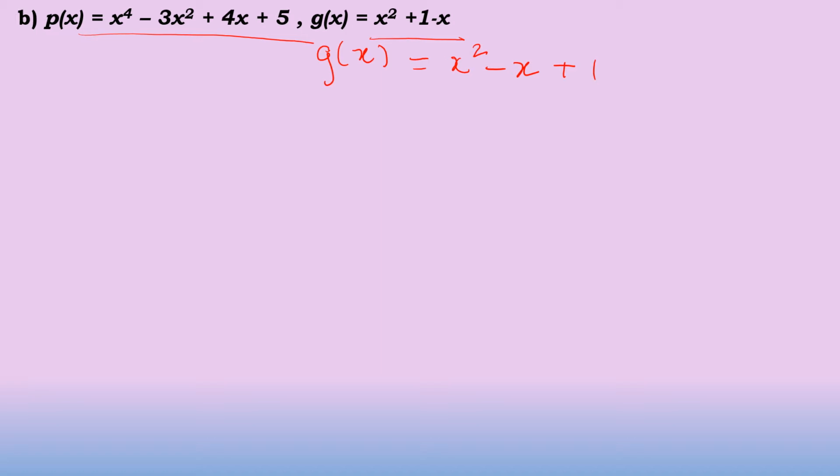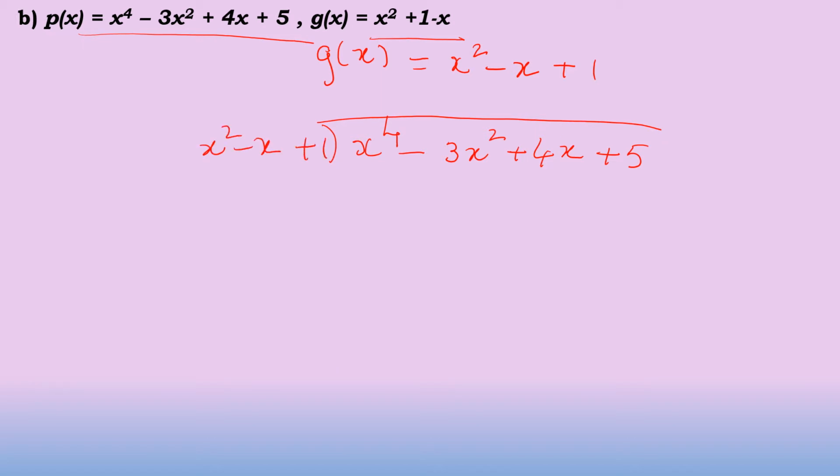Now we can start division. So you write your dividend x raised to 4 minus 3x square plus 4x plus 5 is getting divided by x square minus x plus 1. So what is the first term in your dividend? X raised to 4.